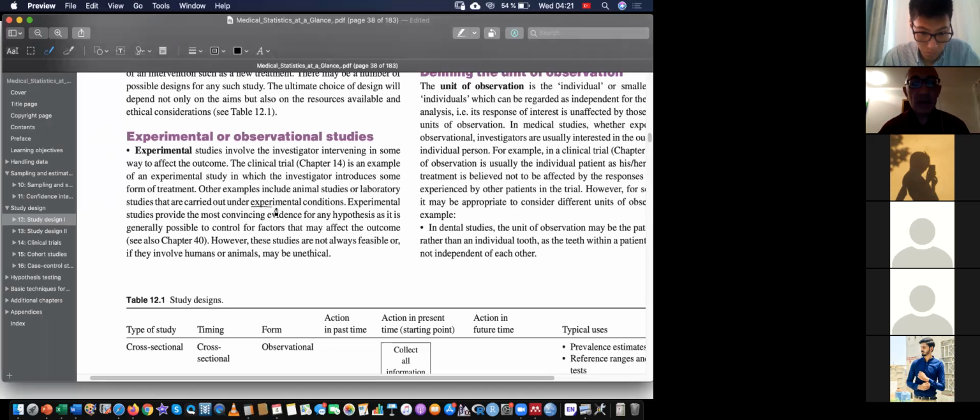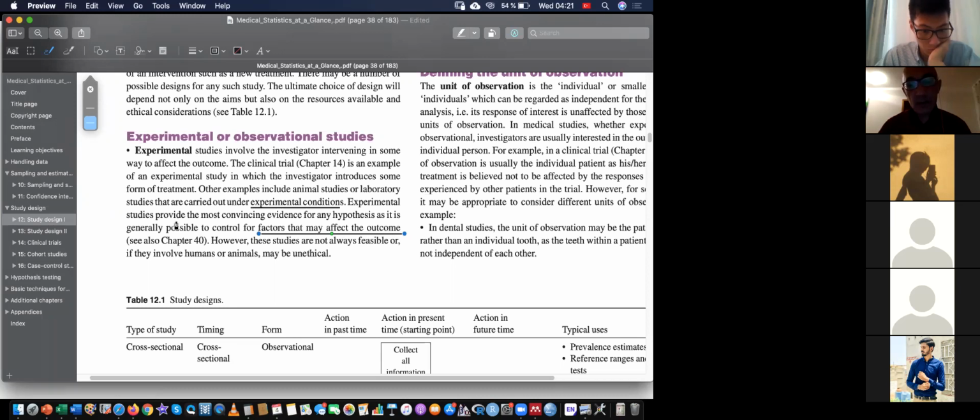You can decide what kind of atmosphere, what kind of study conditions you will have. Those are the factors that may affect your outcome. If you have an experimental study, you can decide on the factors that affect the outcome.